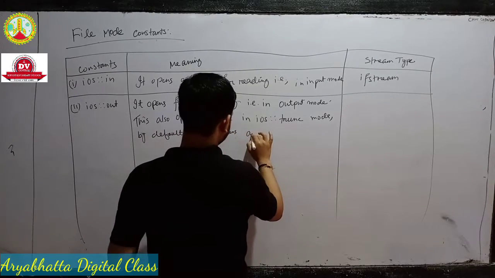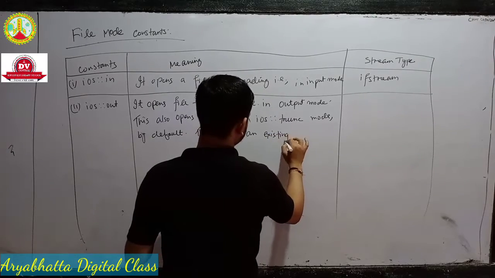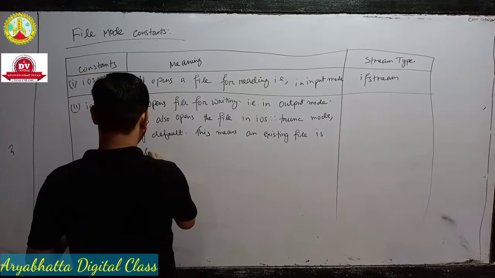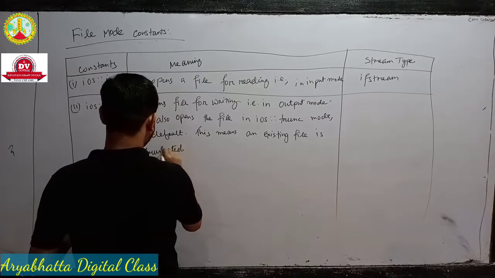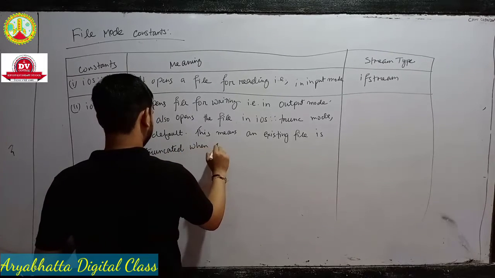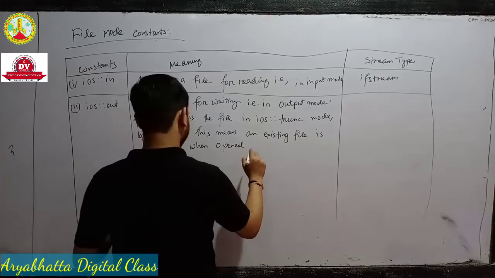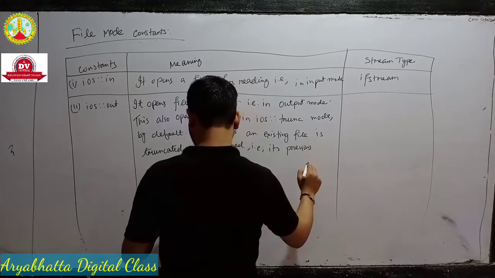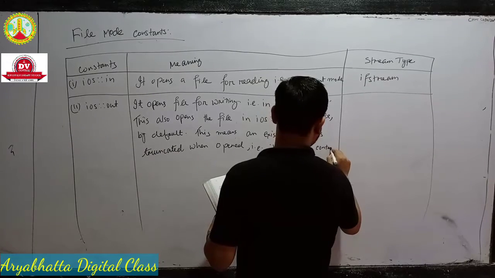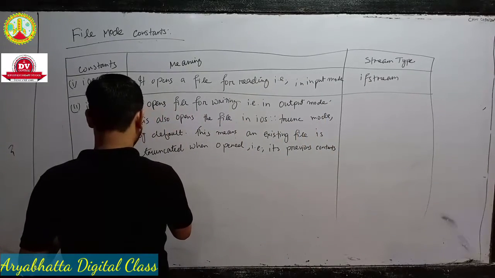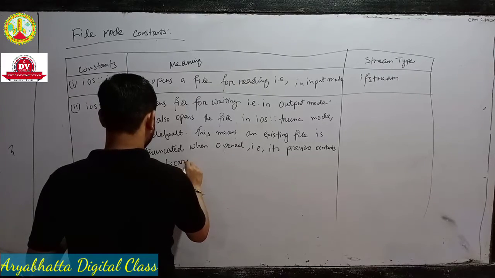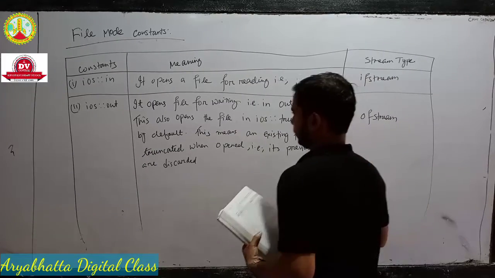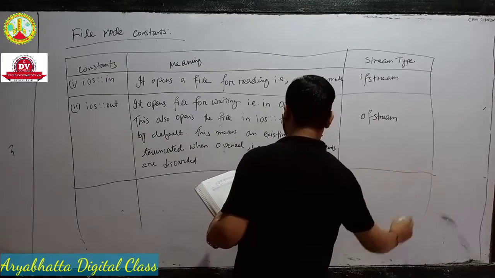This means an existing file is truncated when opened, that is, its previous contents are discarded, and this stream is, we already know, ofstream, right?